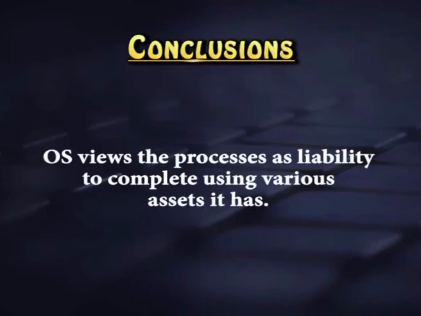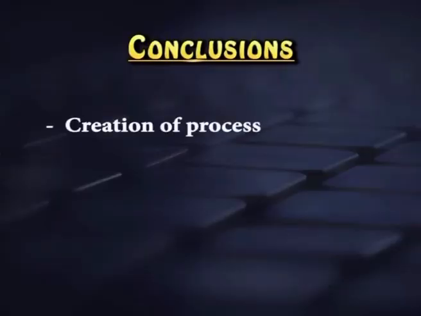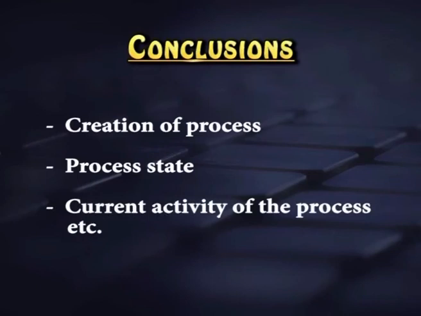The operating system views the processes as liabilities to complete using the various assets it has. In the operating system view of processes, the operating system takes care of various characteristics of the process like creation of the process, process state, current activity of the process, etc. It is the responsibility of the operating system to take care of all the processes and provide them all the resources for their successful completion.